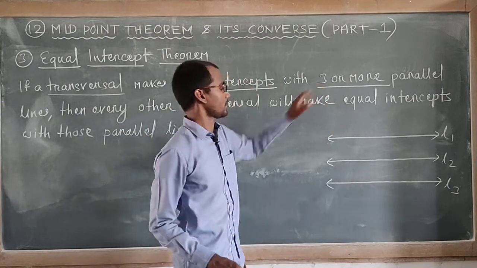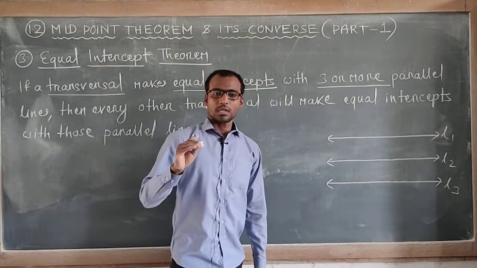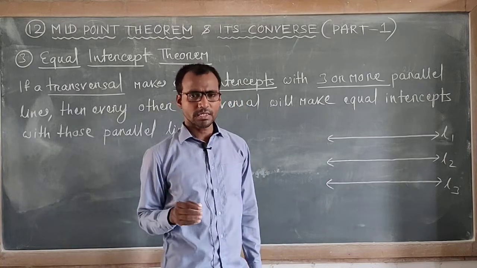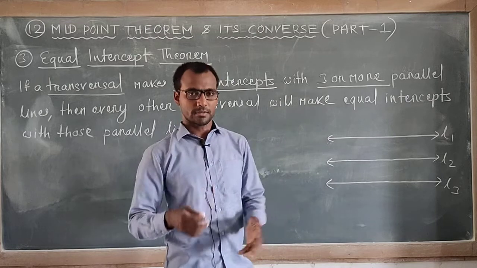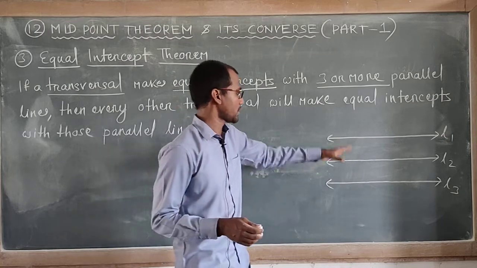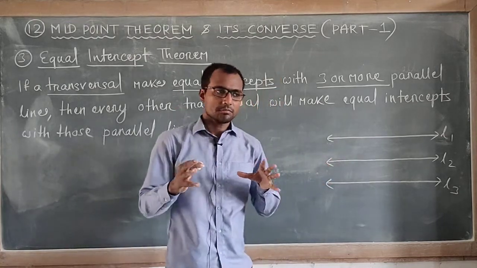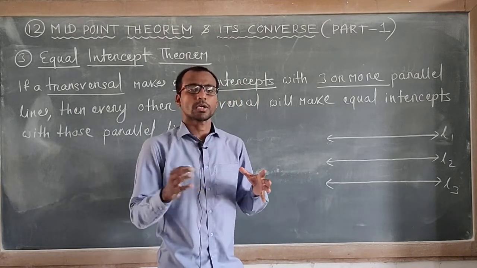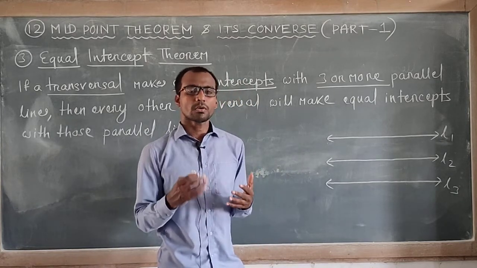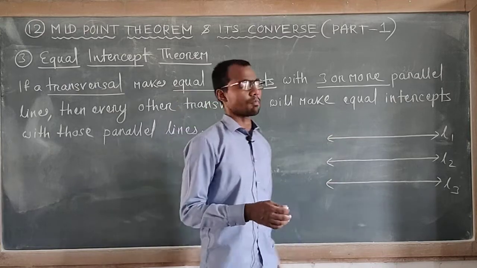Okay, at least 3. Now, a transversal means a line which intersects other lines. Okay, these 3 lines are parallel to each other, so they are not intersecting each other. Now we will draw a line which will intersect all the 3 parallel lines.